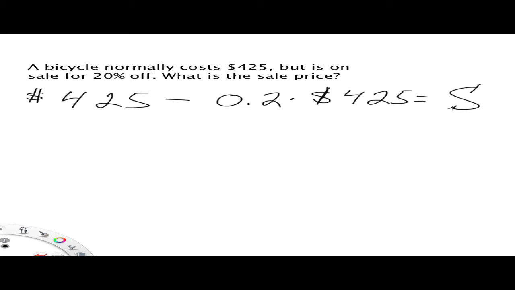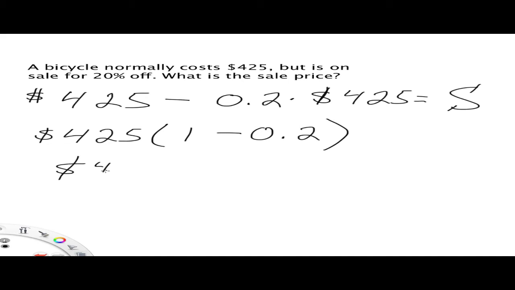Again, using the distributive property, we have that it's 425 times 1, the regular price, minus the whole price, minus the discount, which is 0.2, and so that's going to give me 425 times 1 minus 0.2, which is going to be 0.8.